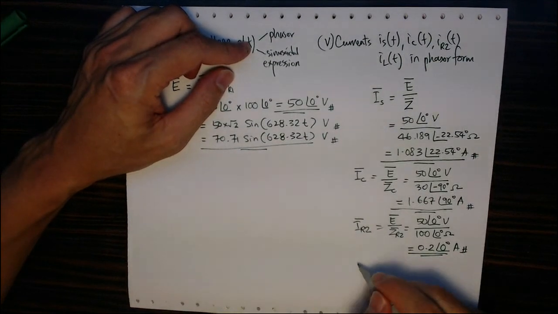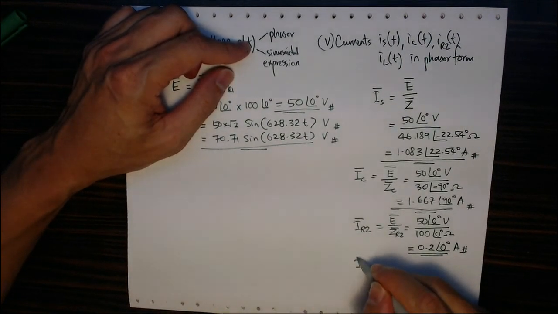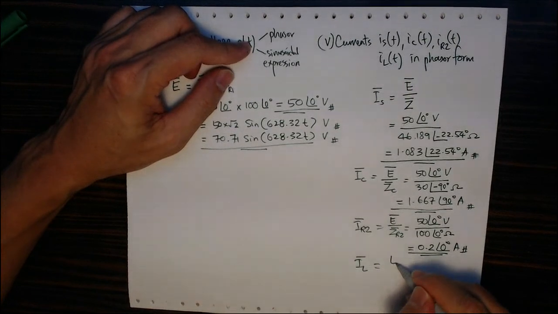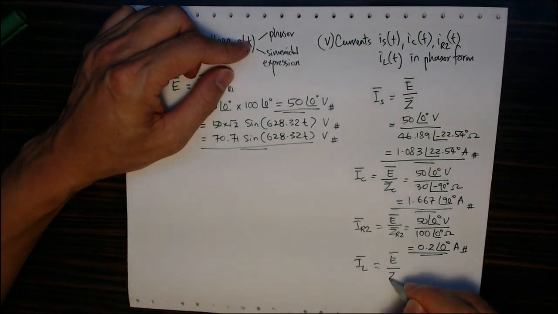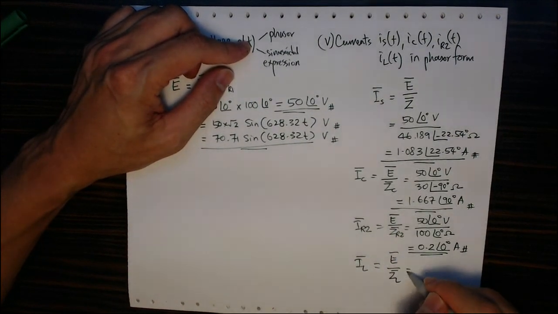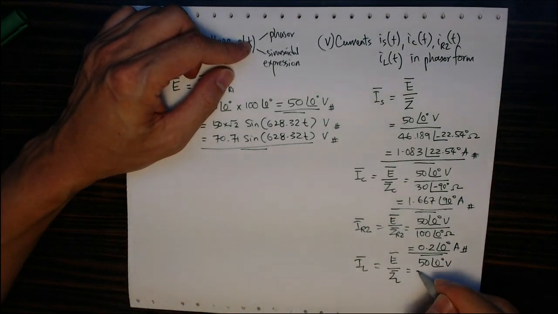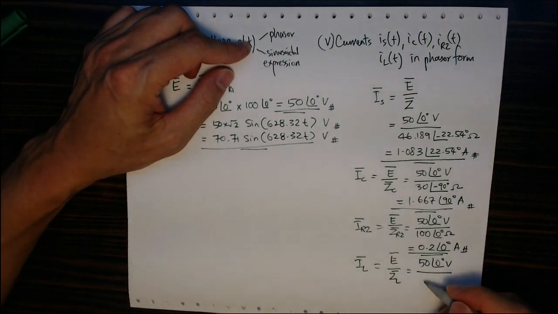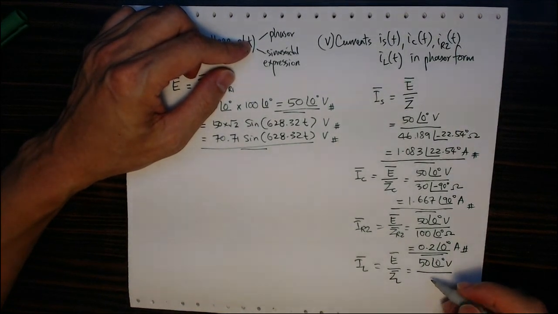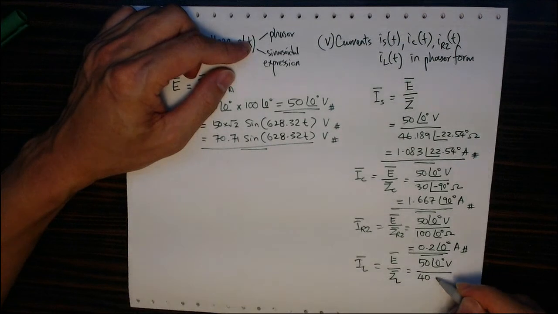And finally, IL is given as E upon ZL, which is 50 angle 0 divided by 40 at the positive 90 degree angle.